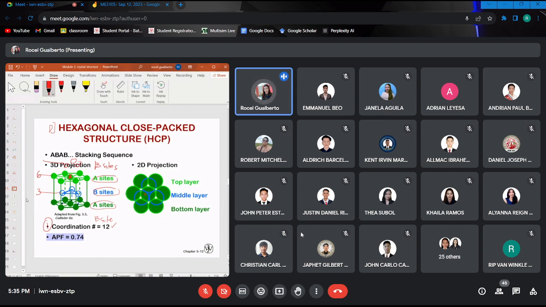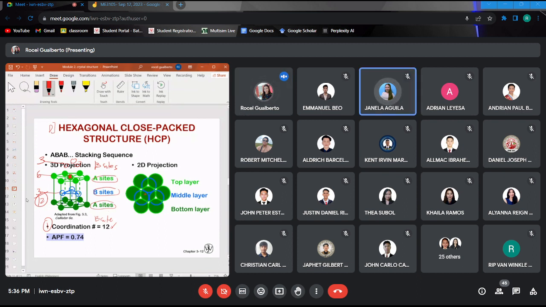Okay, so ilan po again yung laman ng B side? 3 din po. Okay, kaya ito po would be connected po dito sa 6 na to, tsaka 3 sa itaas, 3 sa ibaba. So total po niyan 12. Okay, kaya yun po yung kanyang coordination number. Kaya po siya 12. Okay, nakuha po? Nakita po ba yung 12? Yes po, ma'am. Okay, good.